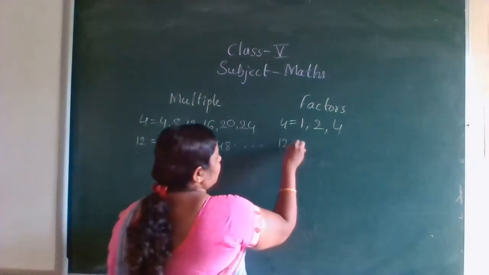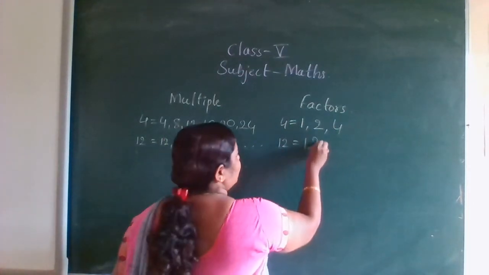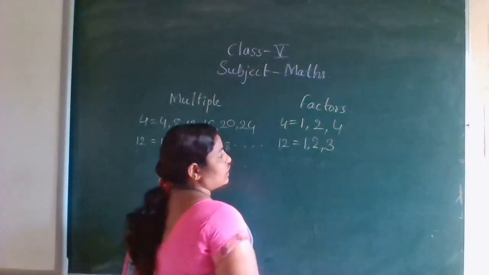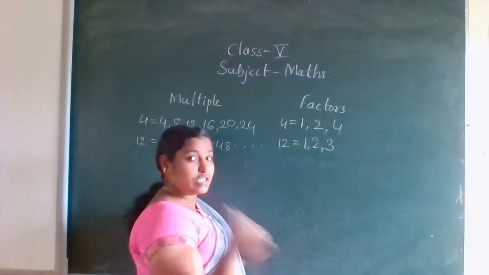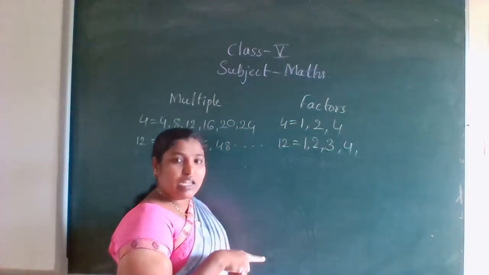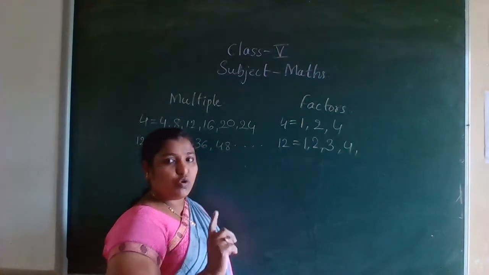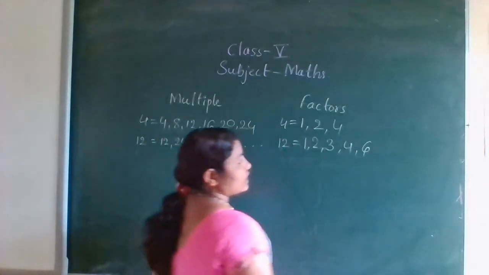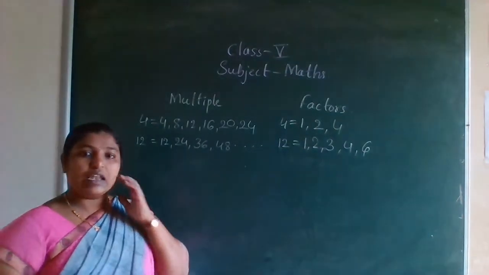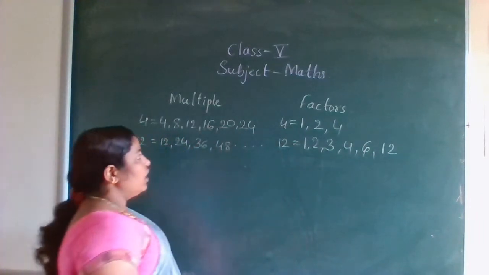And here also write the factors of 12. 1 twelve is 12, 2 sixes are 12, 3 fours are 12, 4 threes are 12. 5 ones are 5, 5 twos are 10, 5 threes are 15, so in the 5 table no 12. Next 6 ones are 6, 6 twos are 12. 7, 8, 9, 10, 11 no, then 12. This is also a factor of 12.